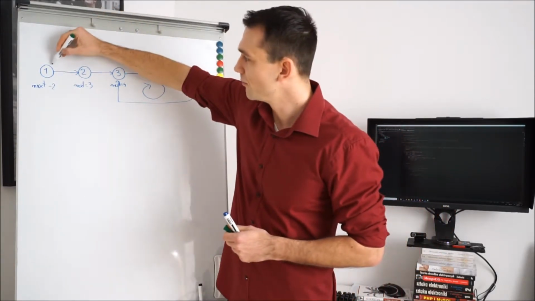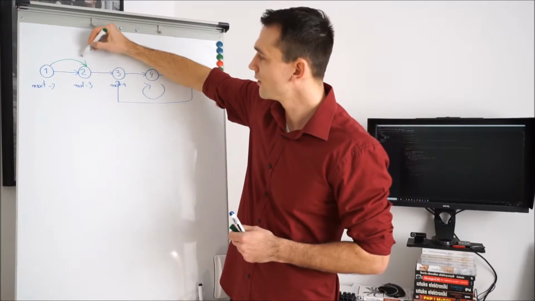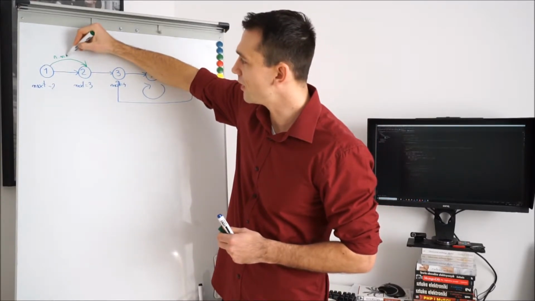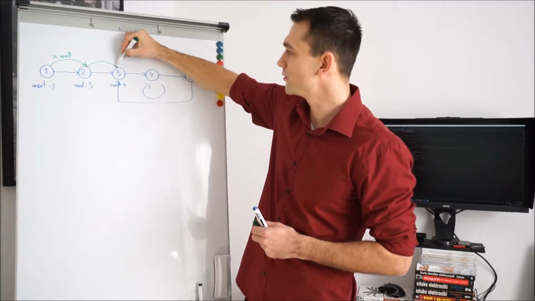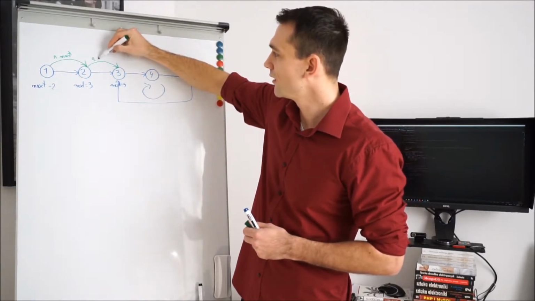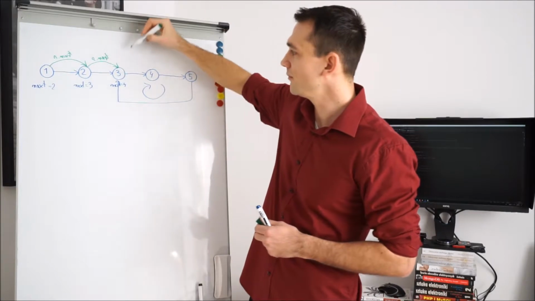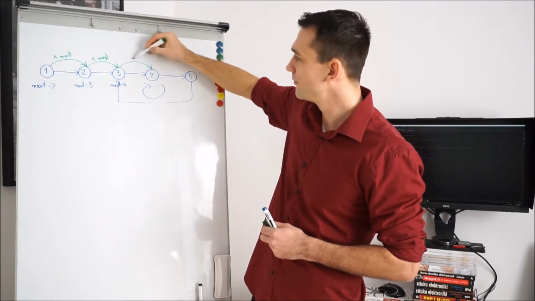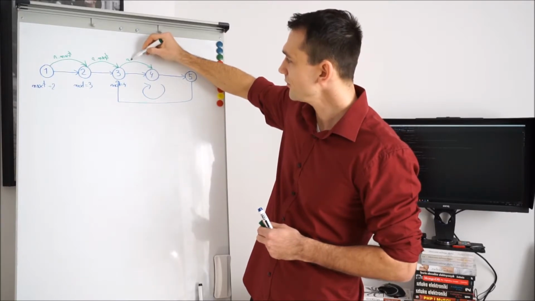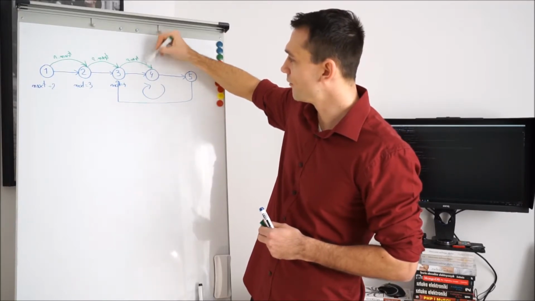Being on node number 1, we refer to the next of 1. Being on node number 2, we refer to the next of 2. And being on node 3, we refer to the next of 3, which is 4.